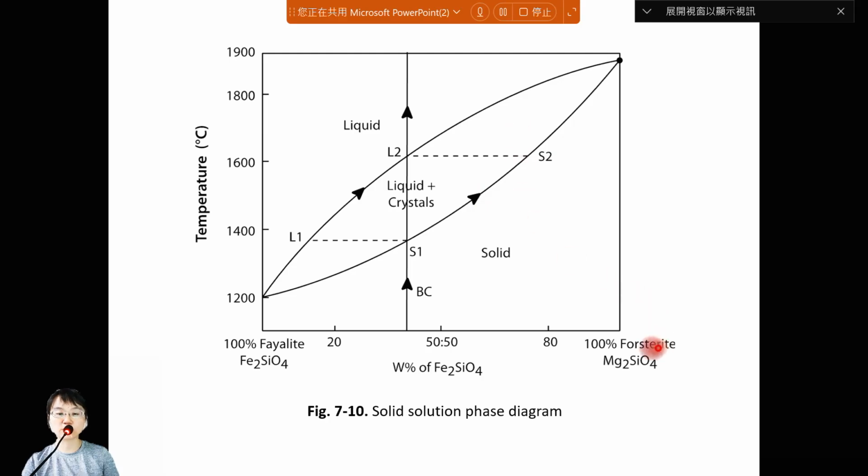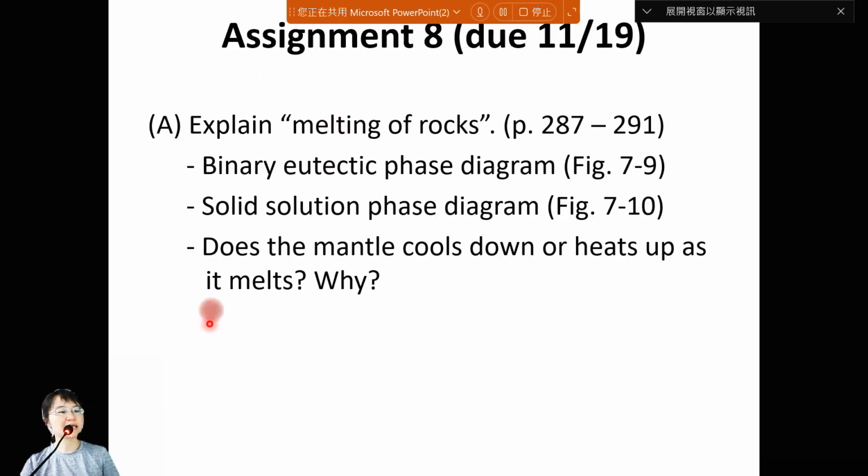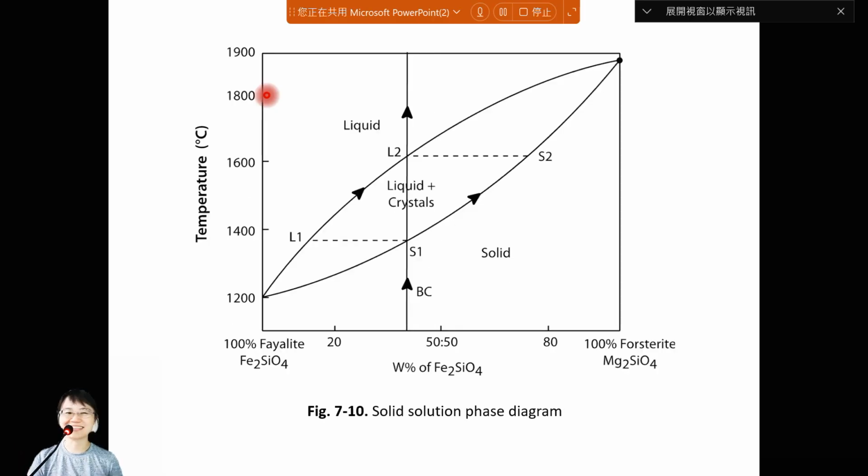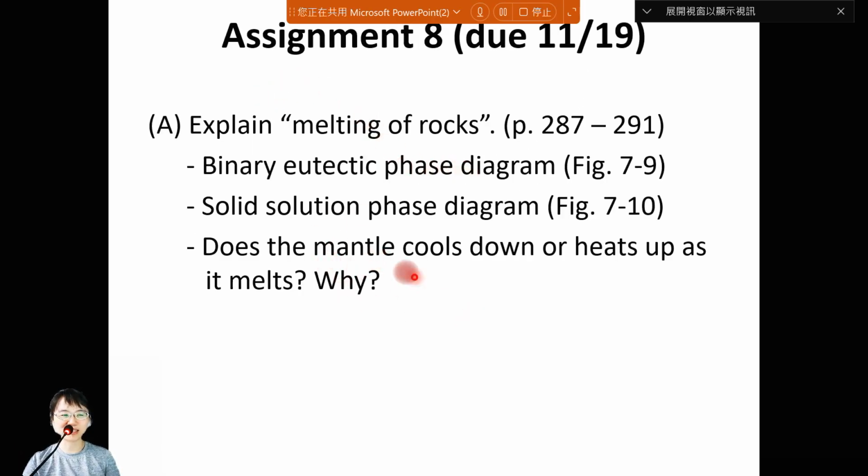How would the mineral melt? Then you need to answer this question. Does the mantle cool down or heat up as it melts, and why? Here the examples are all heating up, but the reality is different. So you need to answer the third question.